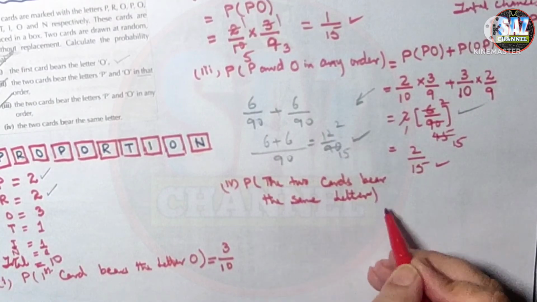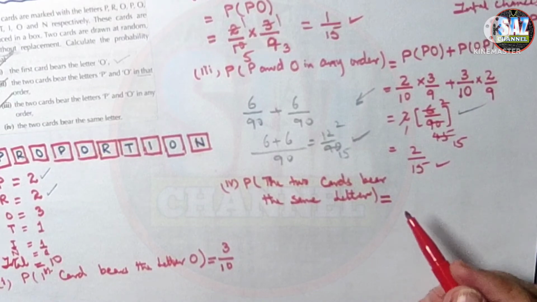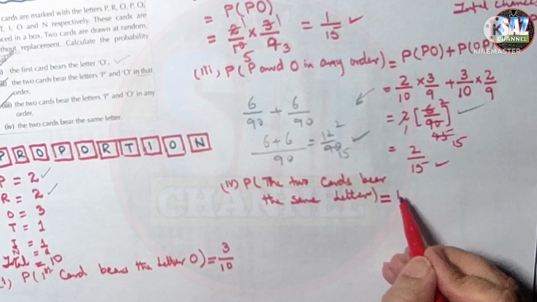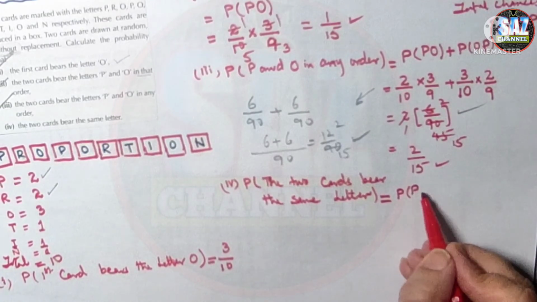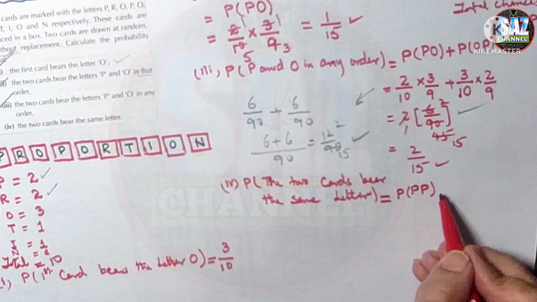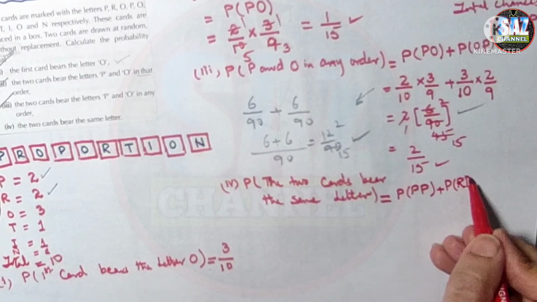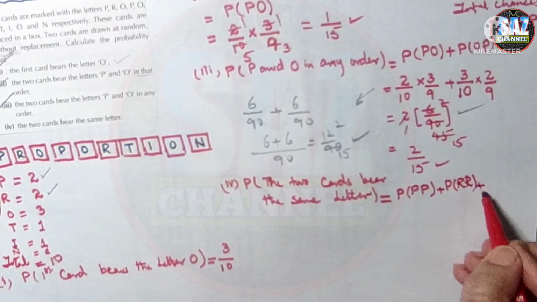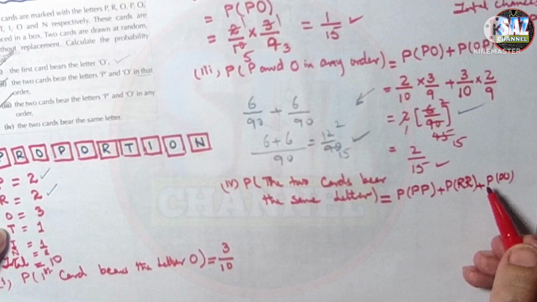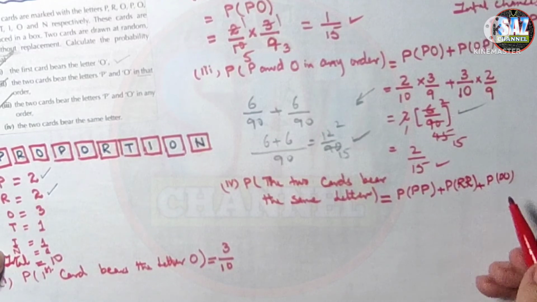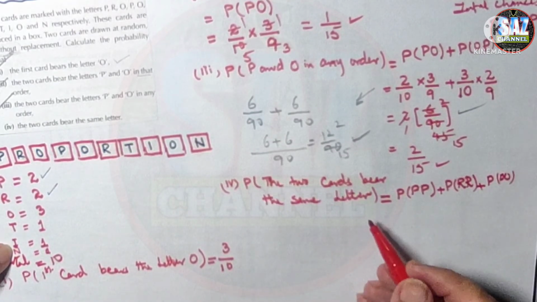For this purpose, try to understand the situation that same letter means that if I am picking up the first card with letter P, the second will also be of letter P, or the probability of R and R, plus the probability of O and O. There will be no chance for T, I and N. And why will there be no chance for T, I and N?